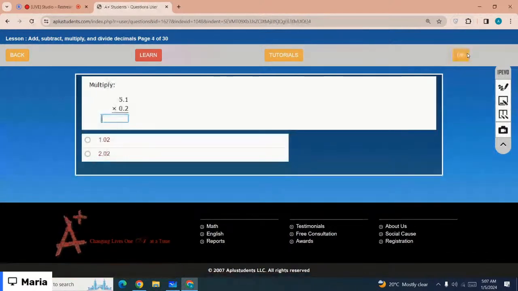Multiply 5.1 times 0.2. Which is the correct option?